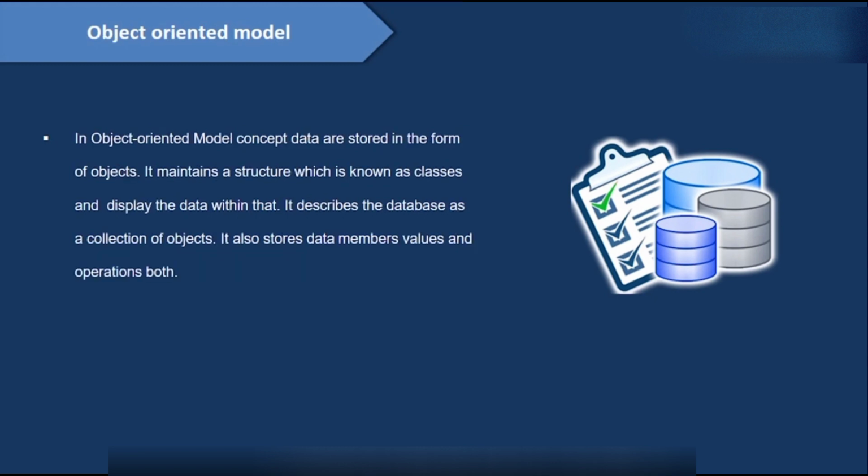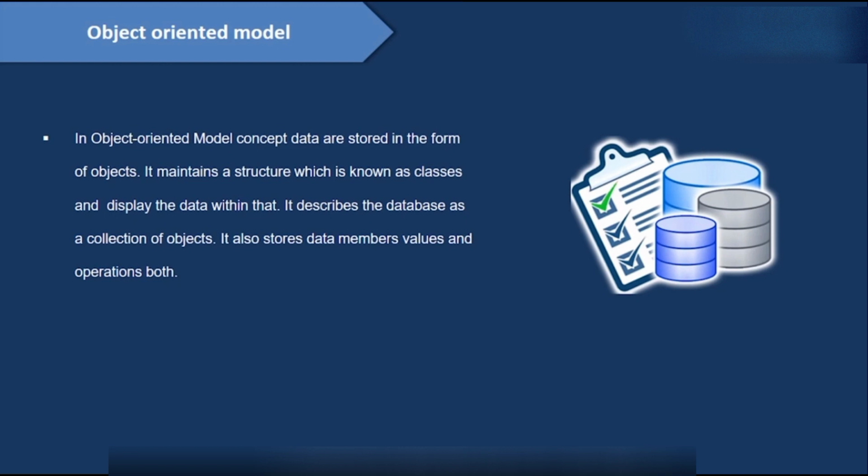Now we will have a look at what the object-oriented model is. I think you guys are quite familiar with object-oriented languages. This type of database is also kind of an object-oriented language, right? In the object-oriented model, data are stored in the form of objects, right? In OOP concepts, the main concept we know is objects.